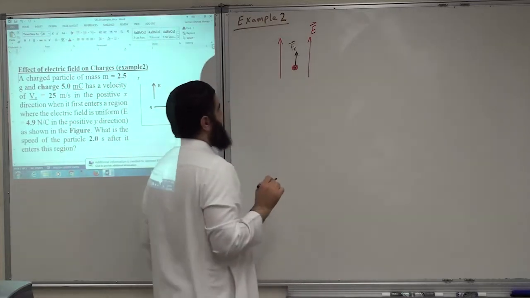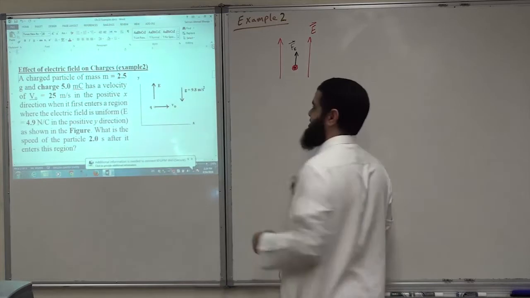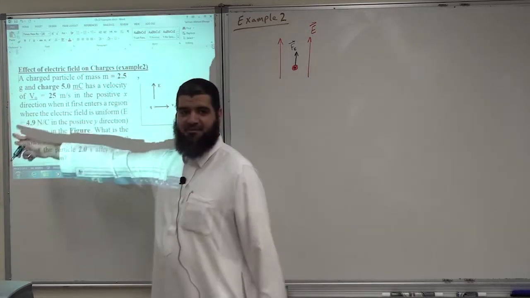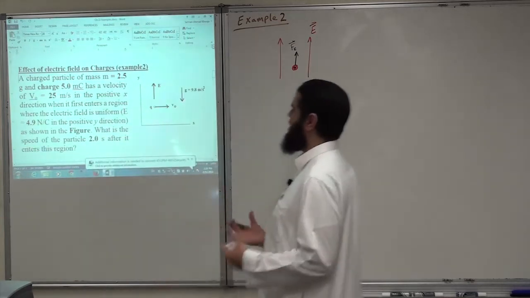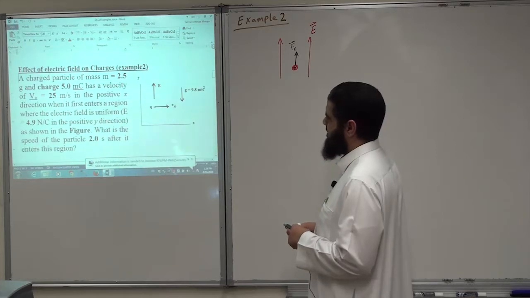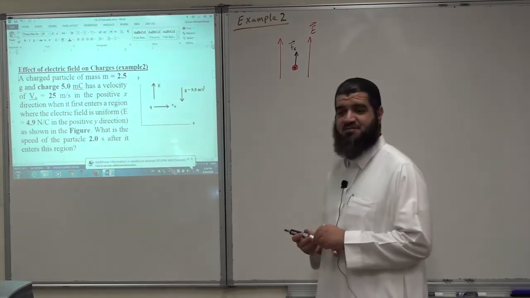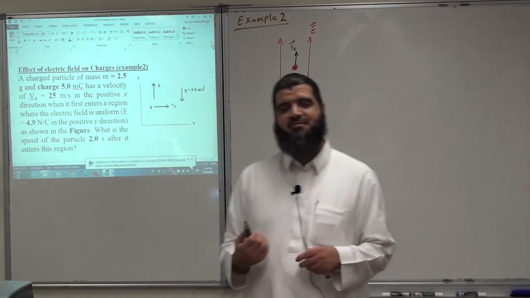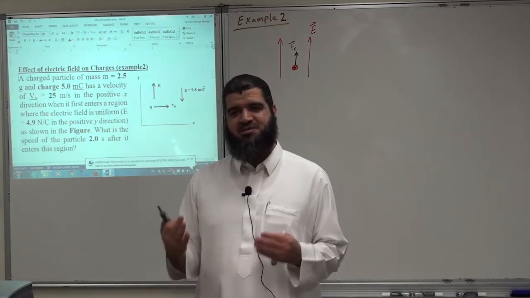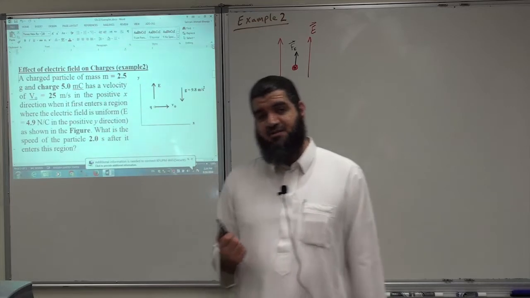Because this particle has a large mass, 2.5 gram, which is quite a reasonable mass, compare it to the mass of the electron in the previous example, example number 1, my son. The electron has a very, very small mass, which is 10 to the minus 31.